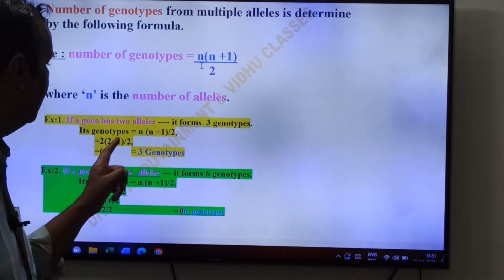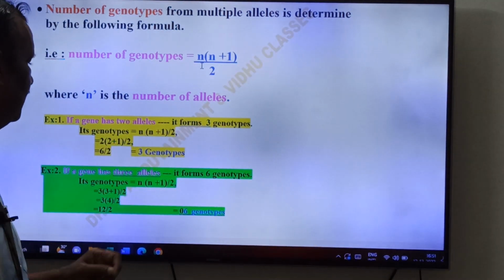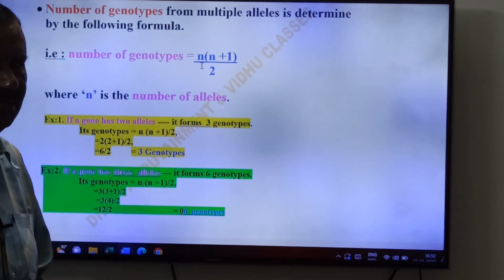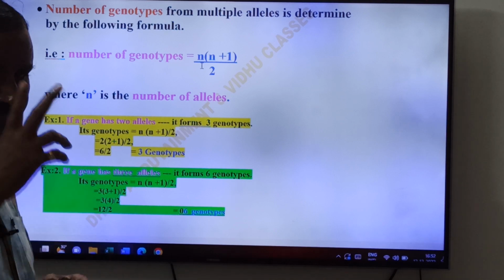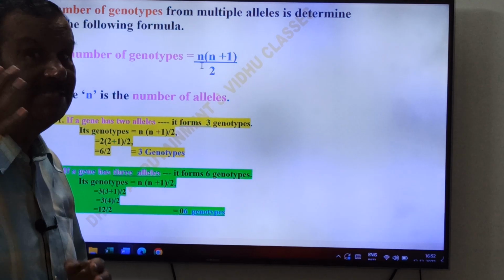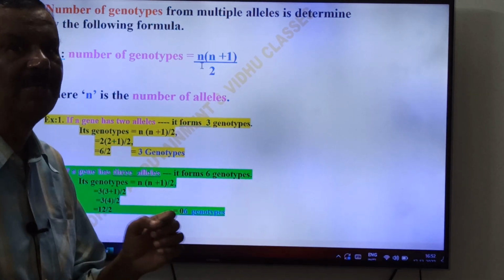Here n is equal to what friends? Number of alleles is 2. 2 plus 1 is 3, 3 into 2 is 6, 6 by 2 is 3 genotypes. Here you have to see friends, capital T, small t. There are two alleles. They form three genotypes: capital T capital T, capital T small t, and small t small t.